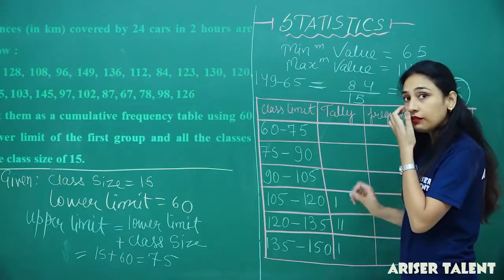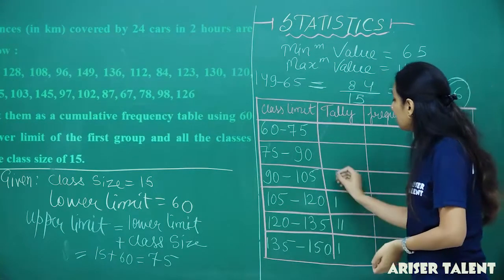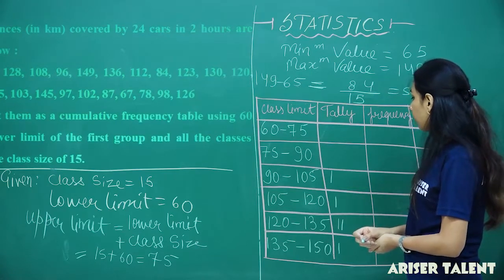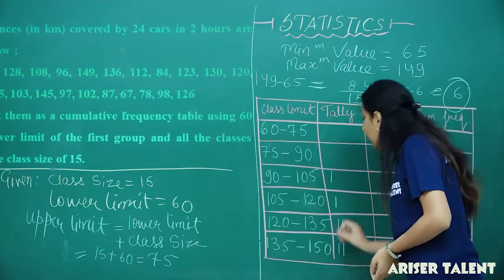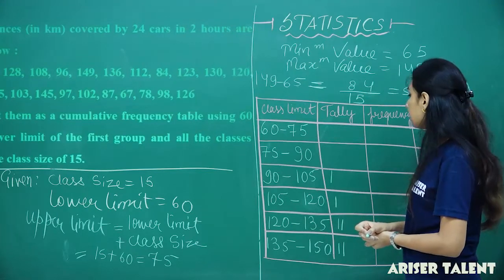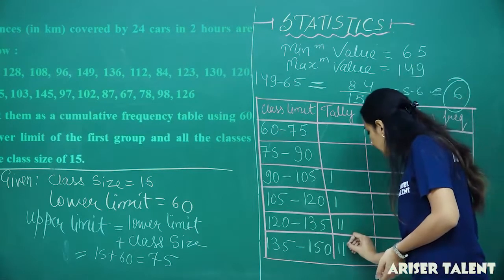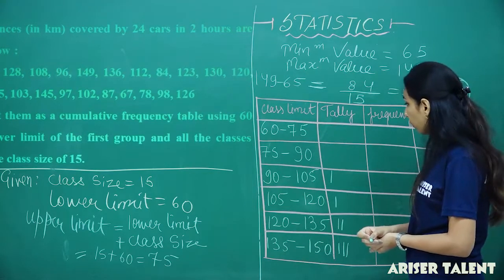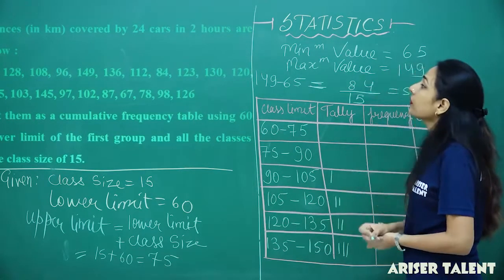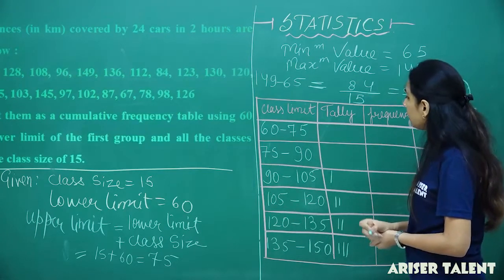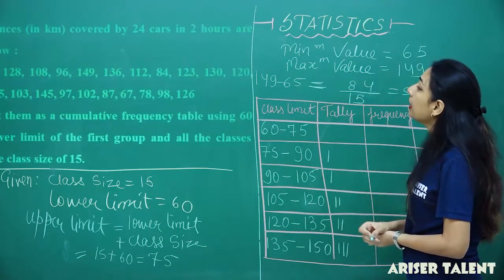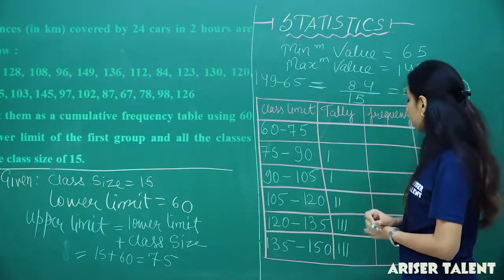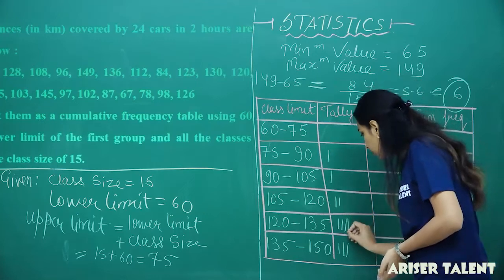Now you understand the benefit of tally. So 96 lies here. Then 149 lies here in this column. Then 136 lies again here in this column. After 136 there is 112 here. Then 84 is here. Then 123, good number, 123 here. Then 130 is also here.